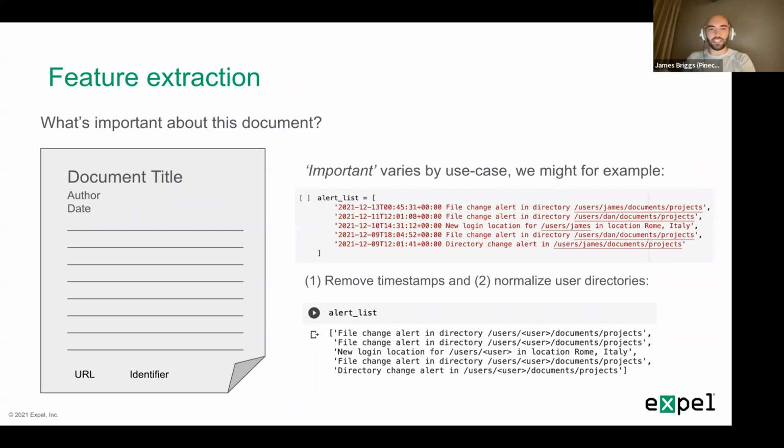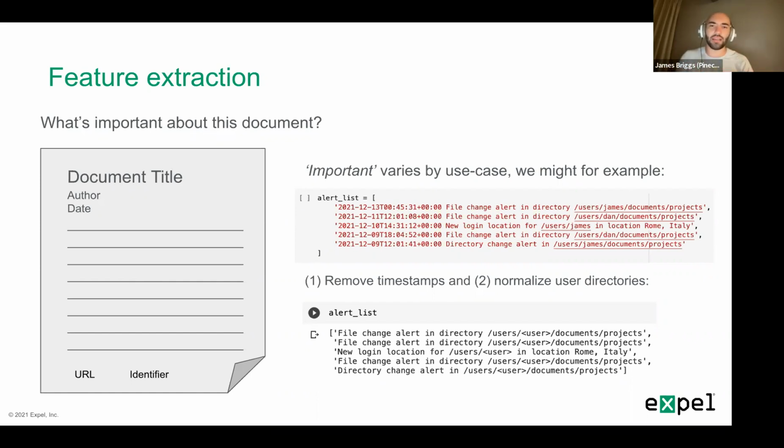You need to extract the relevant information because generally, depending on your use case, of course, you don't want to extract everything because then it gets quite messy. And you might also want to clean up part of the data that you're extracting. So on the right on this slide, you can see we have the sort of fake alerts.